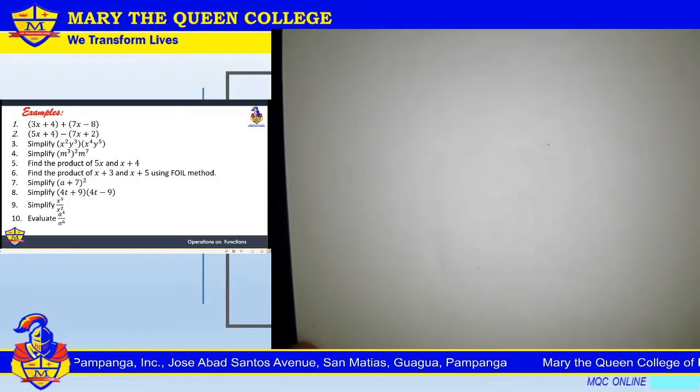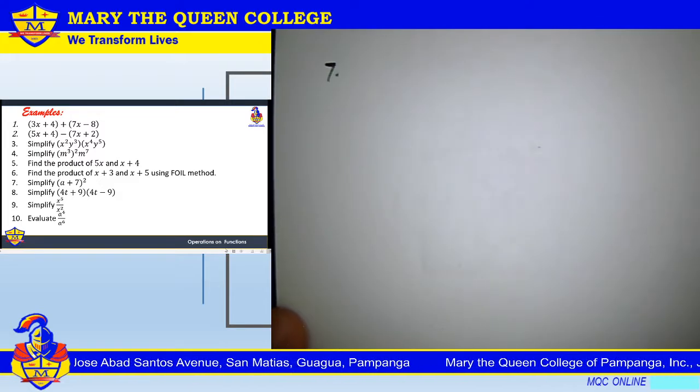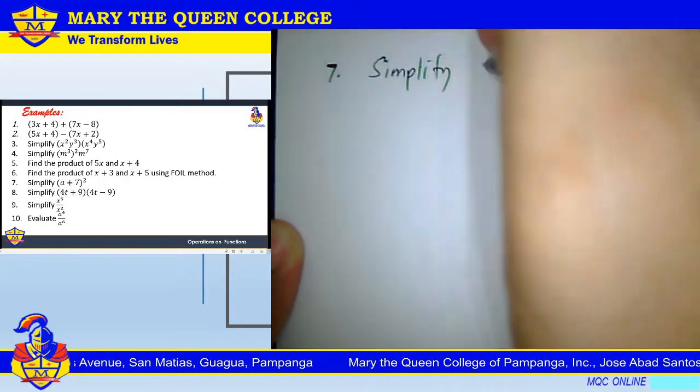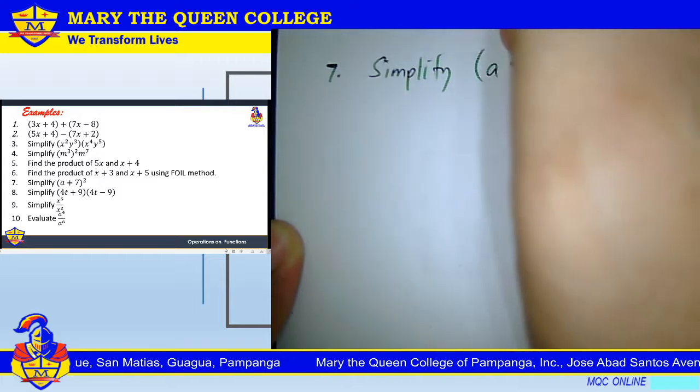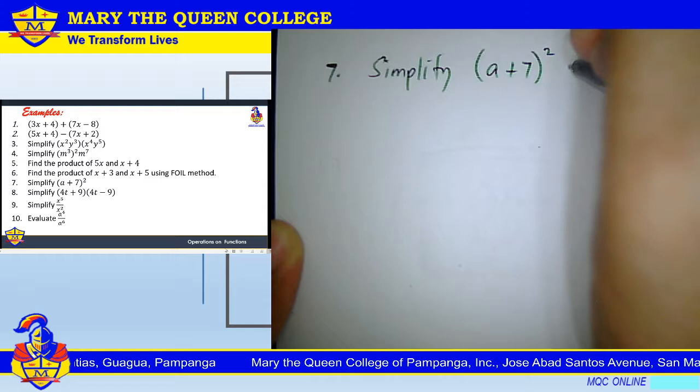for example number 7, it says simplify the quantity a plus 7 squared.